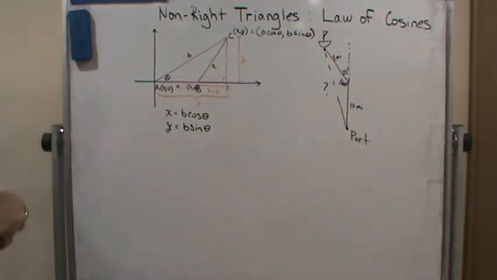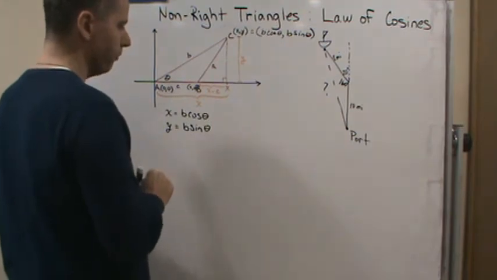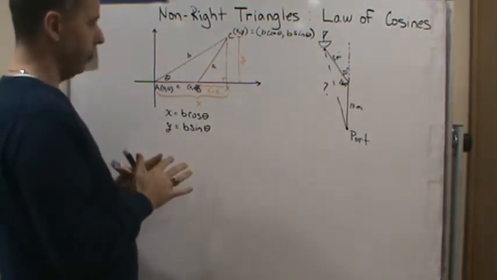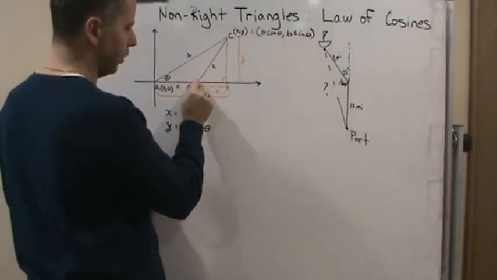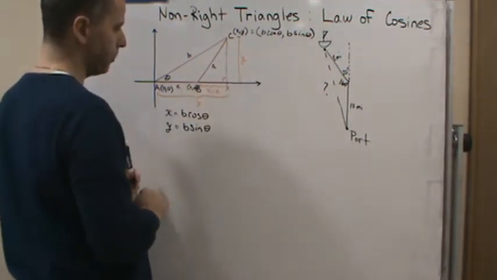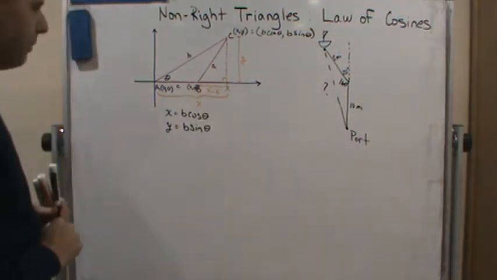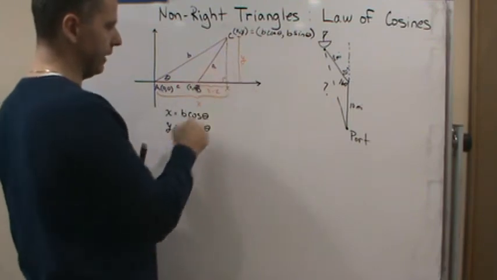Now, let's solve for a. Let's solve for this side. How are we going to do that? Well, I'm going to use this smaller right triangle because arbitrarily we get this other right triangle. Now I'm going to solve for a using the Pythagorean identity.